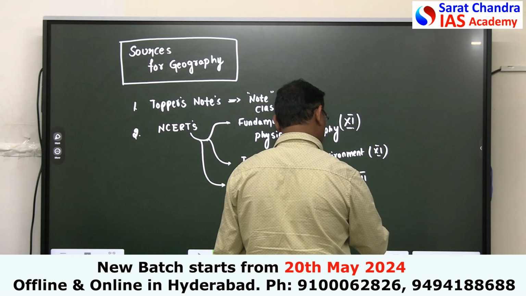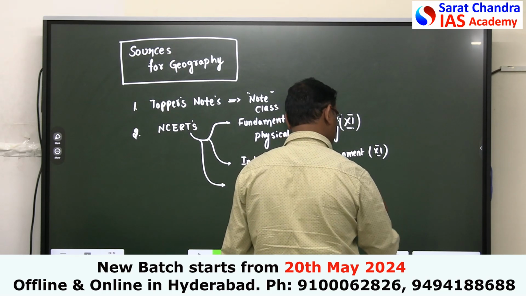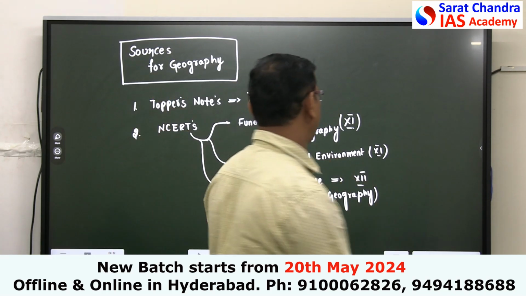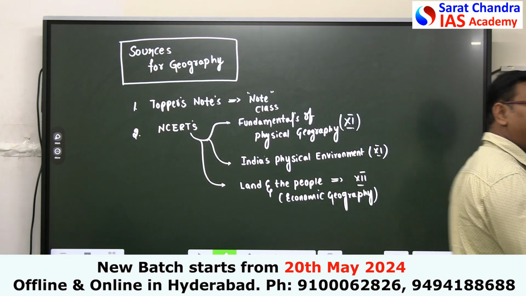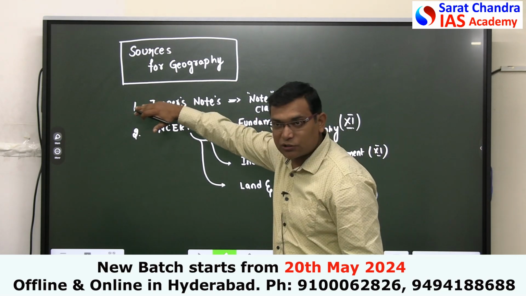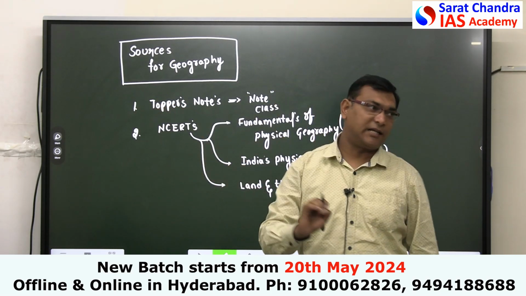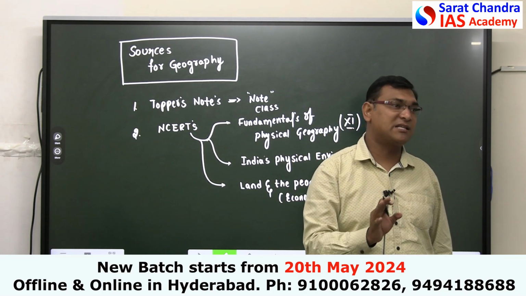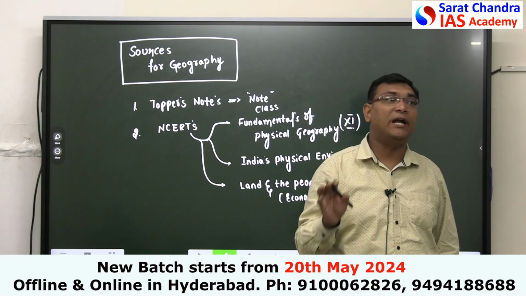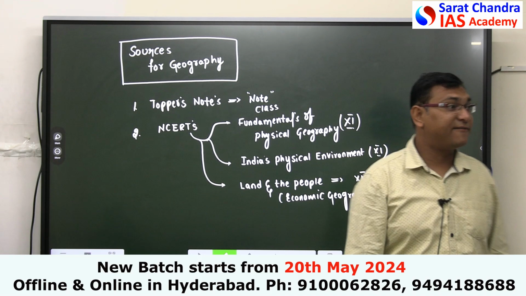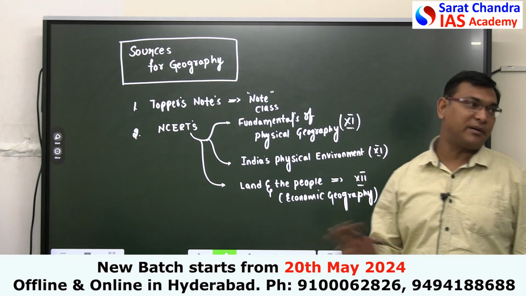There are 3 books that you have to read, compulsory and mandatory. First you have to read your notes. Second is your NCERTs. This will build your base, and 75 to 80% of your topics will be covered.